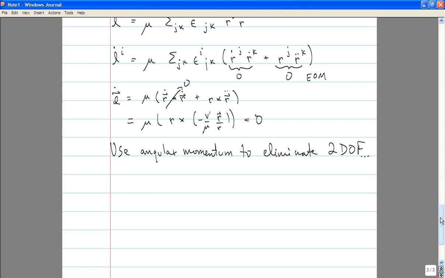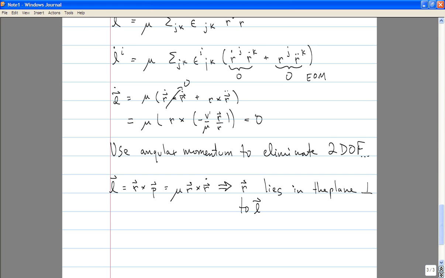Well, the angular momentum vector is the cross product of r and the momentum, or mu times the cross product of r and the velocity vector r dot. So if that's a constant, that means that the vector r will always lie in the plane which is perpendicular to the vector L. That's what the cross product means.